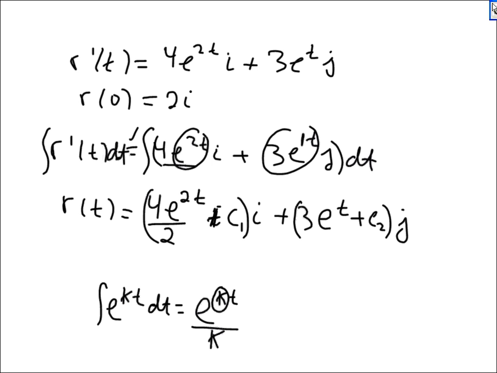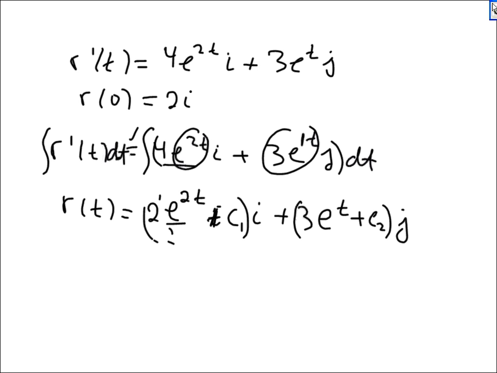There's no reason why the i and the j can't get their own constant. To save a little space, 2 goes into 4 two times. So up to a constant, that's r of t. Let's find out what r of 0 is.